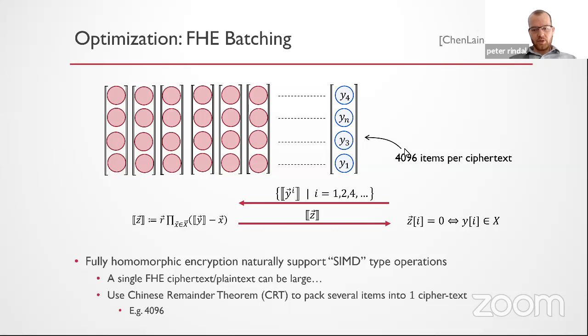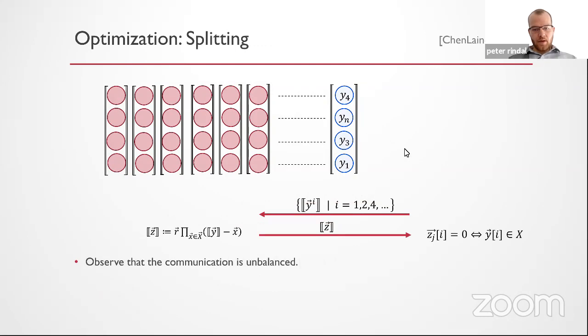And we check whether each slot of the resulting ciphertext Z is equal to 0. But one thing to notice here is that our communication going in one direction versus the other is very asymmetric. The back communication is still of constant size, but our forward communication is log n.